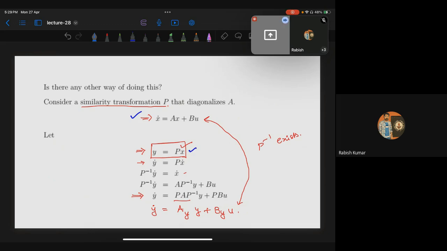Then take the derivative, y dot is P multiplied by x dot, then substitute x dot from this equation. Finally you will write y dot is equal to Ay y plus By u, where Ay is nothing but P inverse A P, and By is nothing but PB. So we started with this equation and have transformed it into the similarity transformation equation, if P inverse exists.